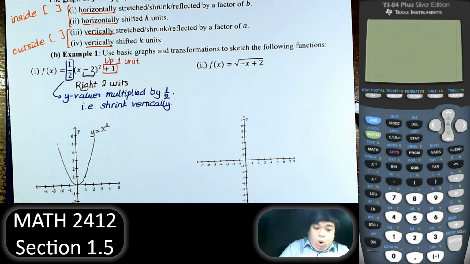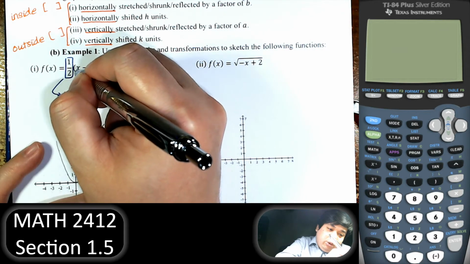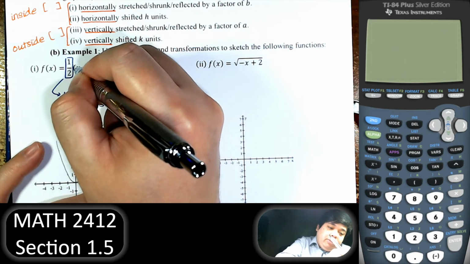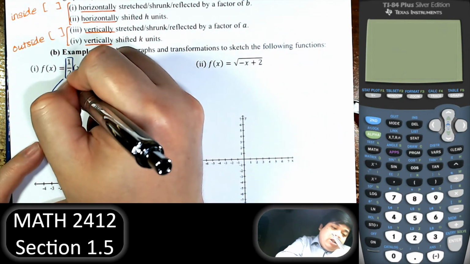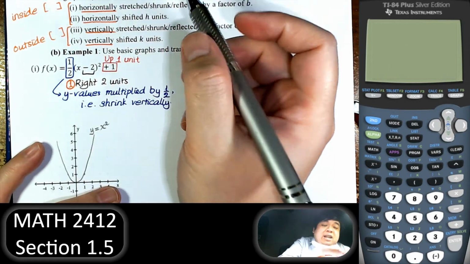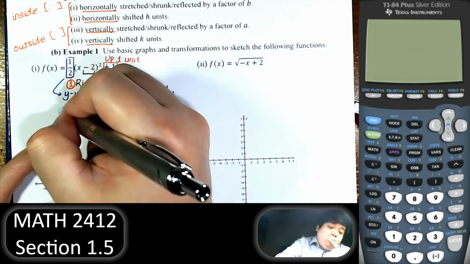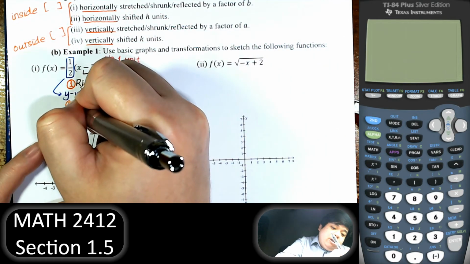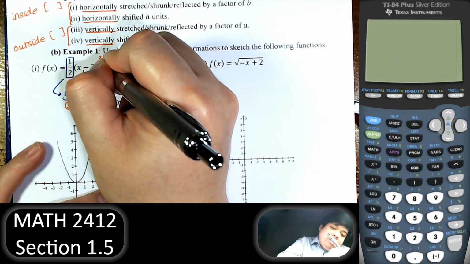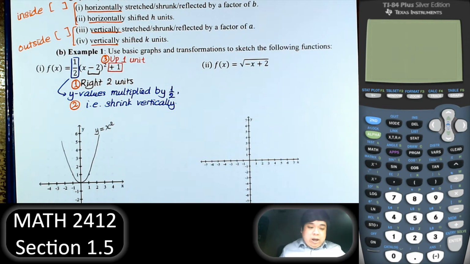Now, the next order of operation, which one do we do first? Well, inside then outside, right? So first, we'll do 2 units to the right, so this is the first step because that is inside. And then it's outside. On the outside, we have multiply, and then we have add. Of course, we multiply first, and then we add. So that is the order of operation. So if x squared here, first thing, move 2 units to the right.